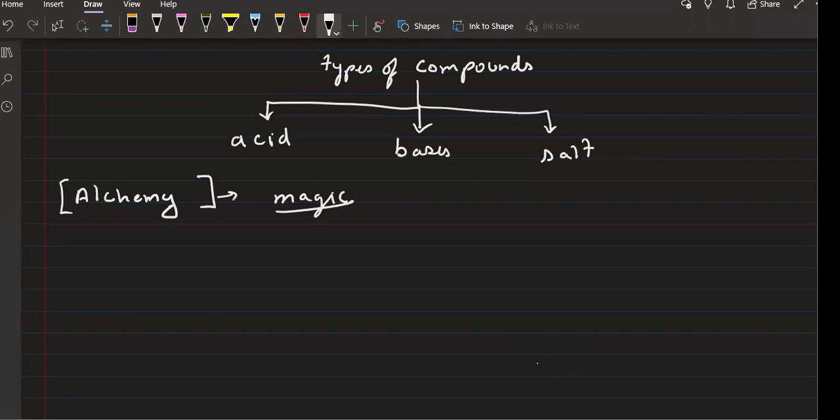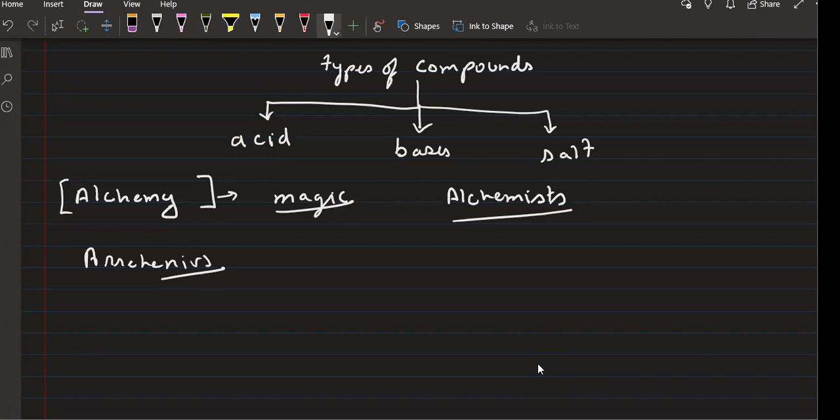So people used chemistry to do some magic tricks. That's why it is called alchemy. And even now, chemists are known as alchemists. So in ancient times there was an alchemist, or a scientist, known as Arrhenius.